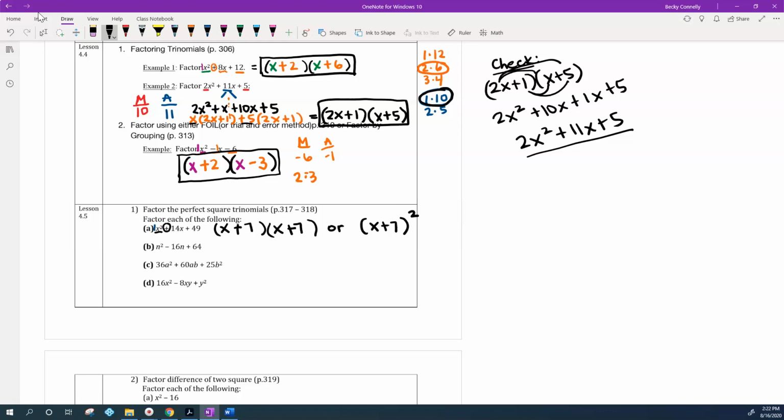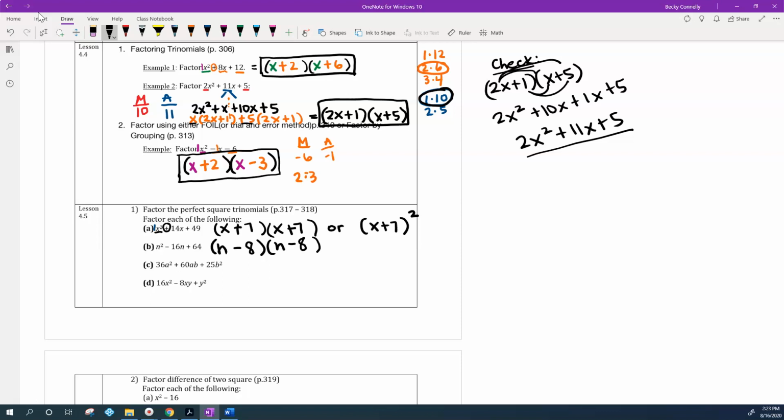Okay, and then if we do part B, again my leading coefficient's just a 1. So I'm going to go straight to this. n times n is my n squared. What times what is 64 that adds to be negative 16? Well, that's going to be 8 and 8, but in order to get negative 16 in the middle, I'd need them both negative.